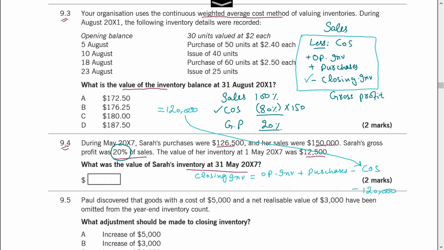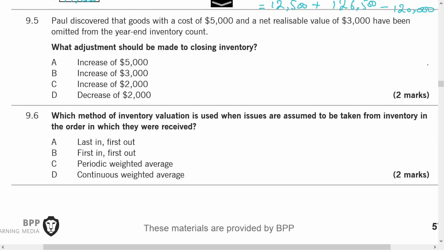Our purchases for the year are 126,500, and our opening inventory is 125,000. And if we net off them, then we will get the answer of 19,000, which is our closing inventory amount.